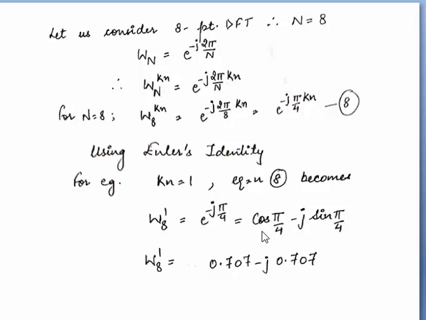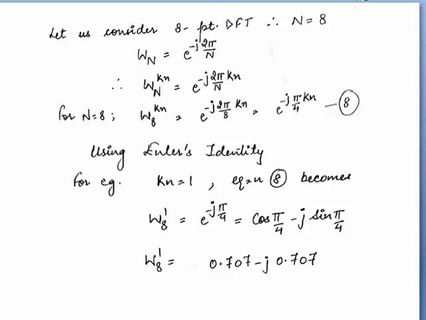Cos pi by 4 is cos 45, that is equal to 1 by root 2, and root 2 is equal to 1.414. So if we divide 1 by 1.414, then we get 0.707. In the same way, sin pi by 4 is sin 45. So twiddle factor raised to 1 is equal to 0.707 minus j 0.707.